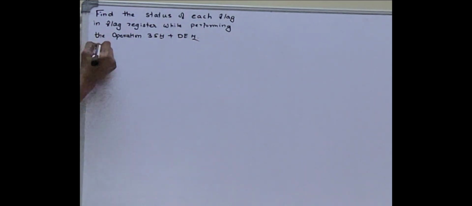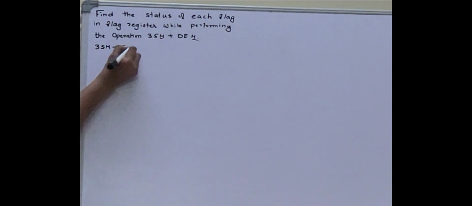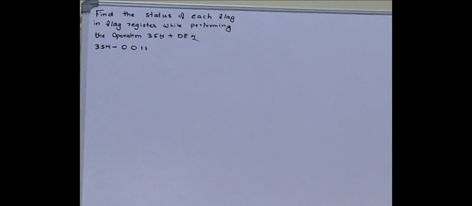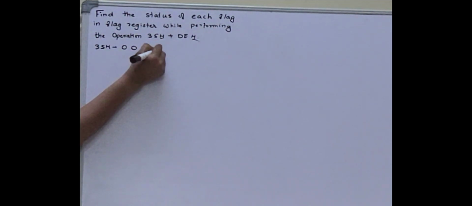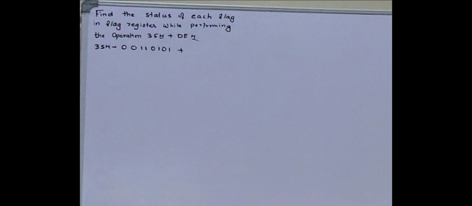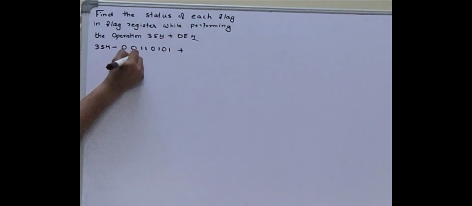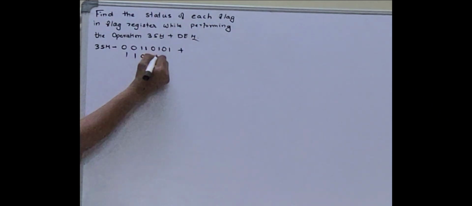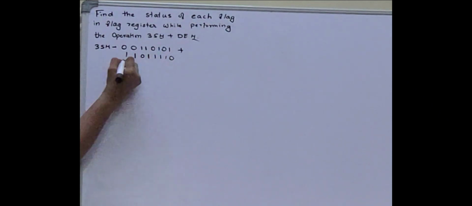We have 35H, the binary of 3 is 0 0 1 1, then 5 is 0 1 0 1. So 0 0 1 1 0 1 0 1 plus, we have D as 1 1 0 1 and E as 1 1 1 0.